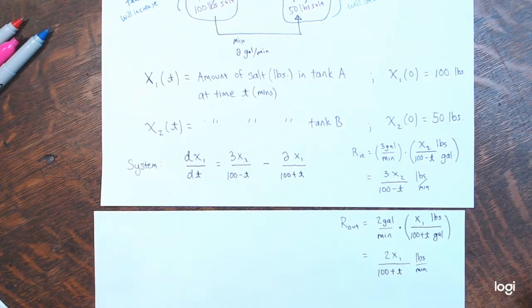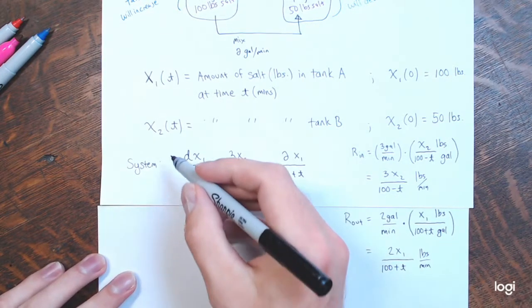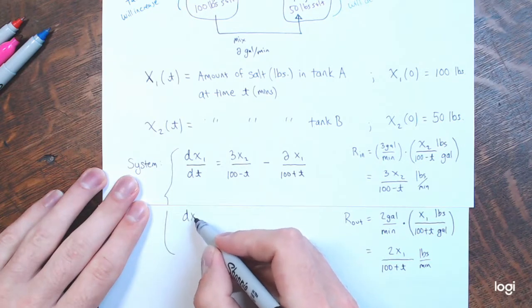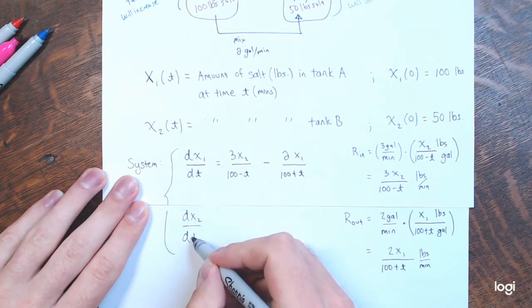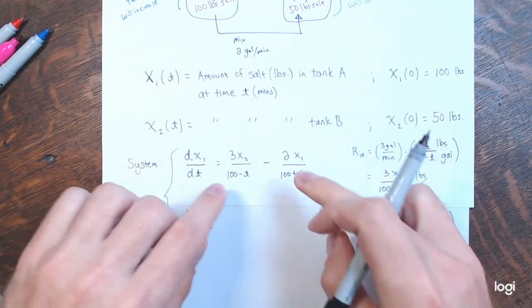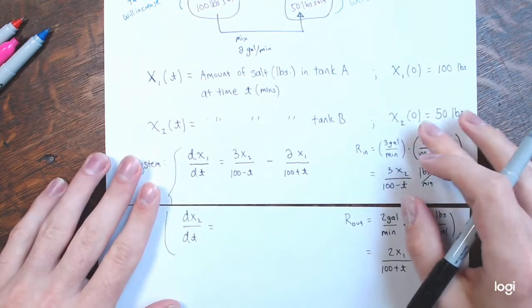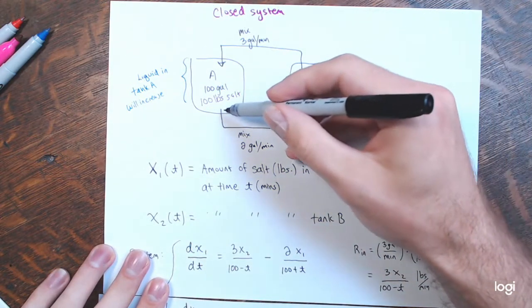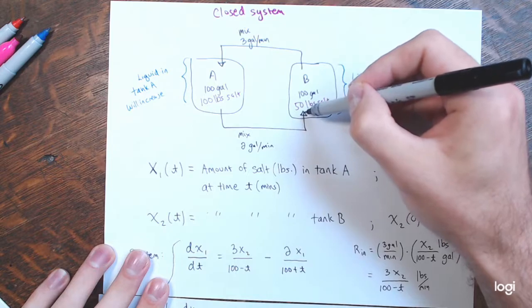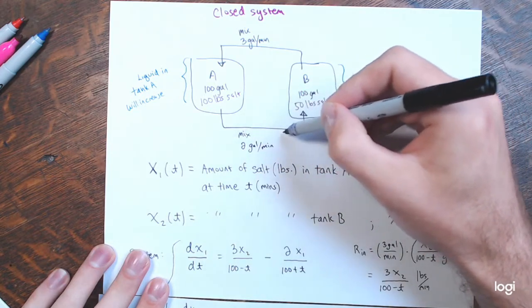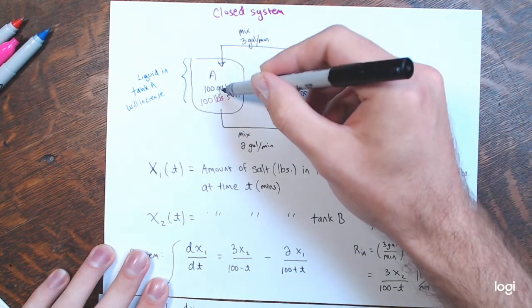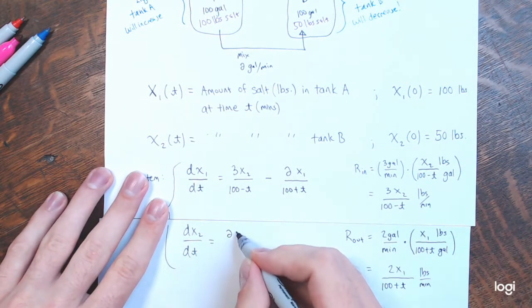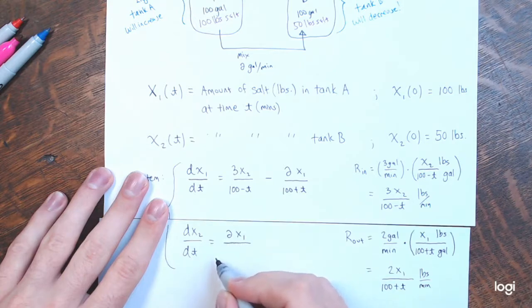And then very similar, we look at tank B, and talk about dx2/dt. Really these just kind of switch, because if you look at tank B, the rate at which salt is coming in is 2 gallons per minute, multiplied by the concentration of tank A. Well, that was this 2x1 over 100 plus t.